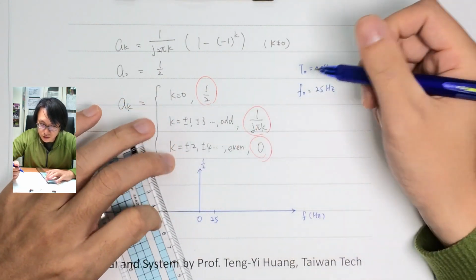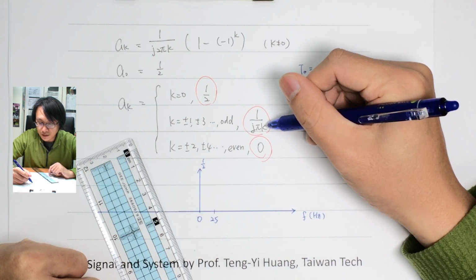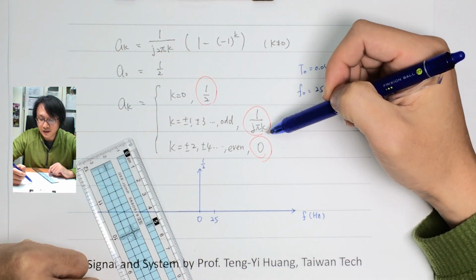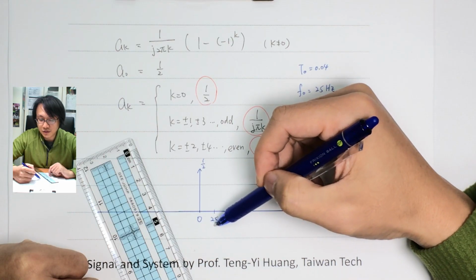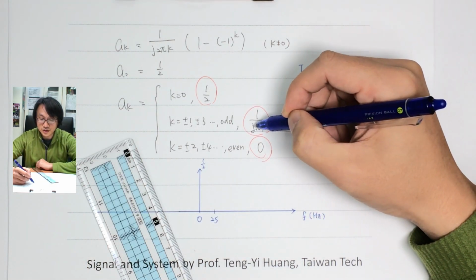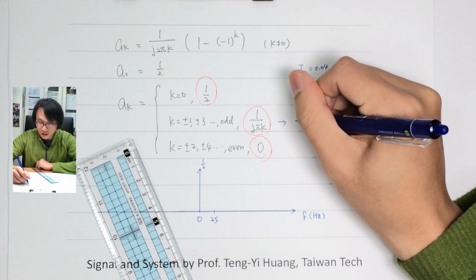K equals 1, the first harmonic, a sub 1. The fundamental is 25 Hertz, so a sub 1 is at 25 Hertz. And it's 1 divided by j pi. We can simplify further.